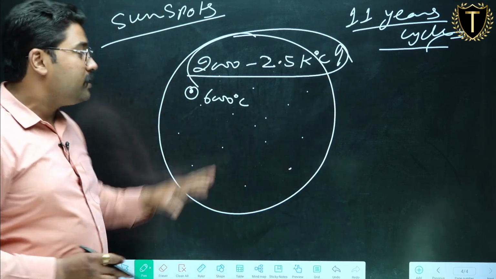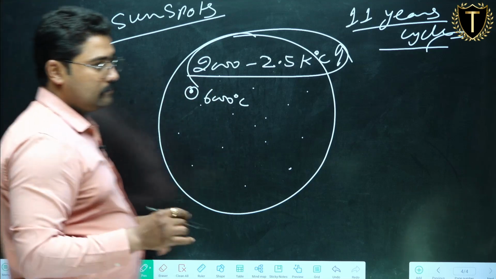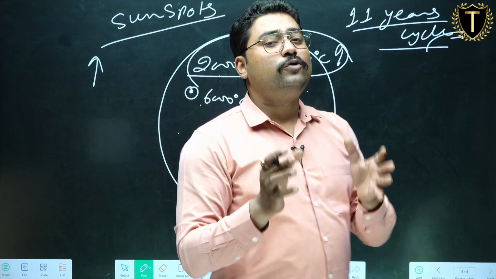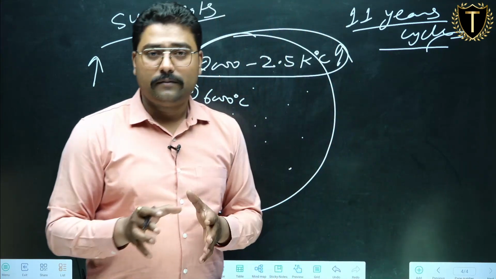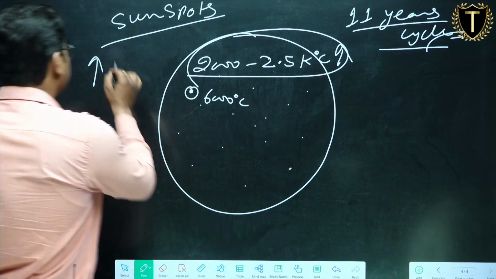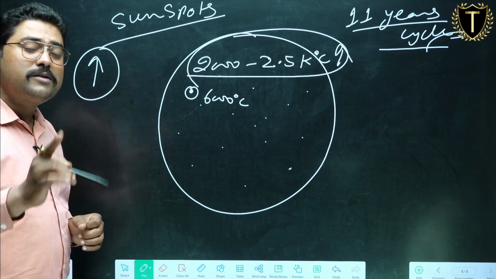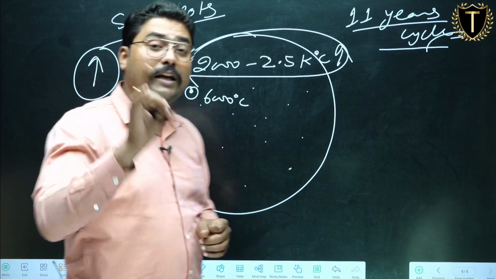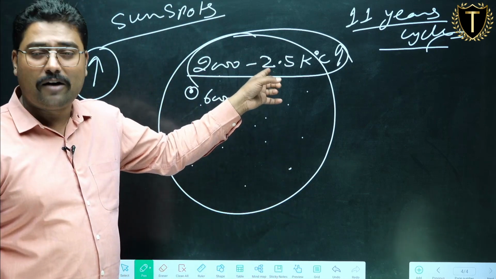Now the question comes, when the sunspots activity increases, what will happen to the solar constant, or simply the energy which is coming from the sun? So when the sunspots activity increases, the amount of solar constant or the energy will increase, because sunspots means increase in the temperature of the surrounding.